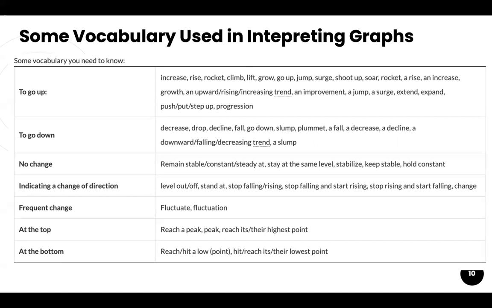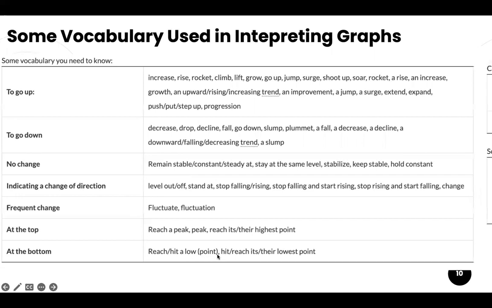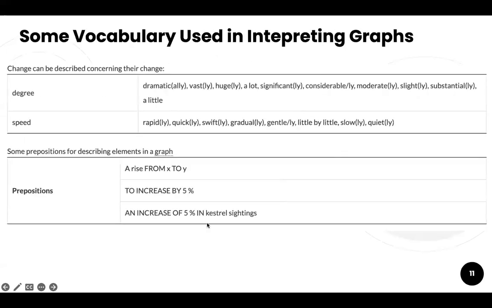It reaches its highest point, and at the bottom you can say it hits a low point. And if there's a change in terms of degree or speed: in terms of degree, you can use it dramatically decreased or it significantly increased by 50%. And in terms of speed, rapid or rapidly, gentle, little by little or slowly.